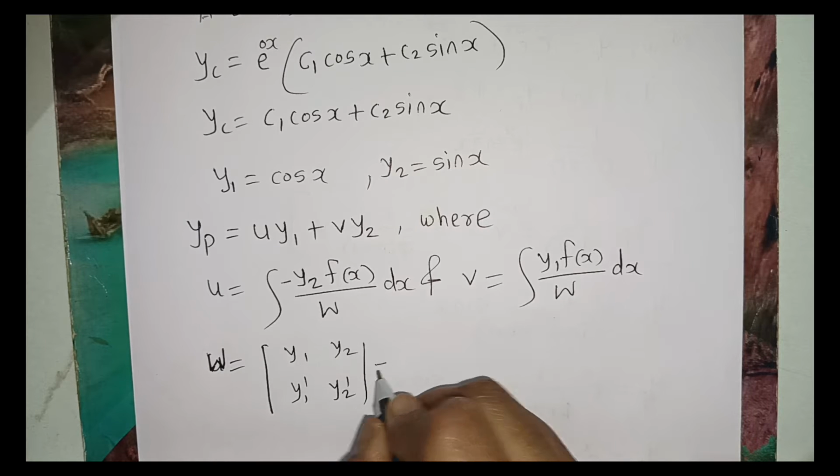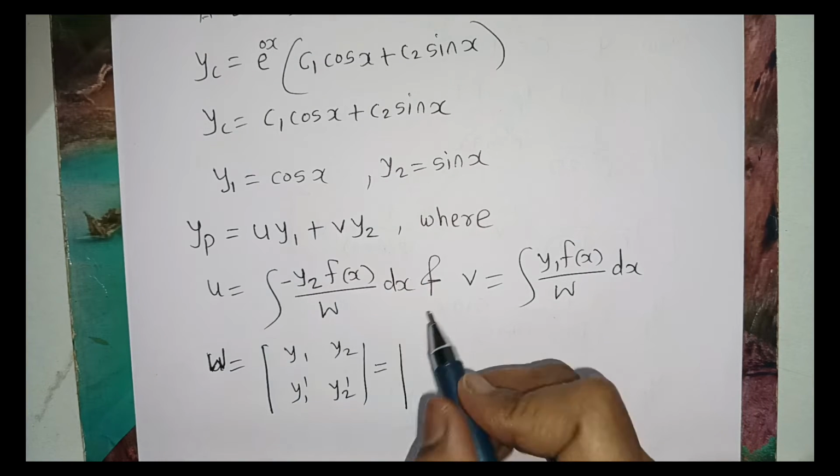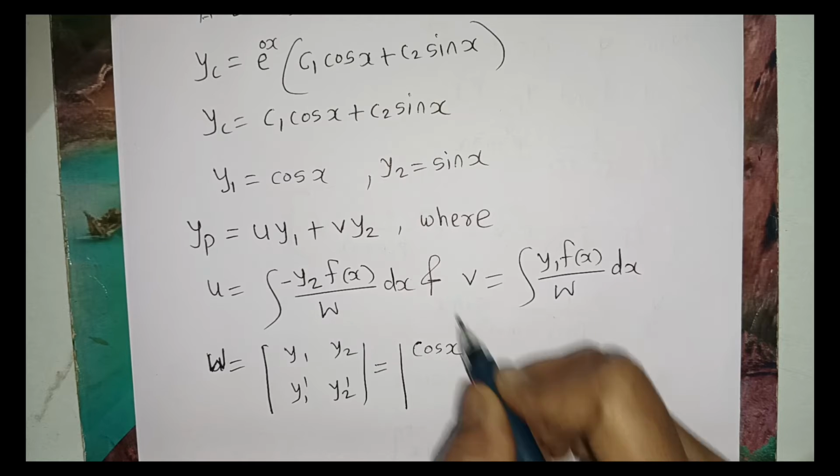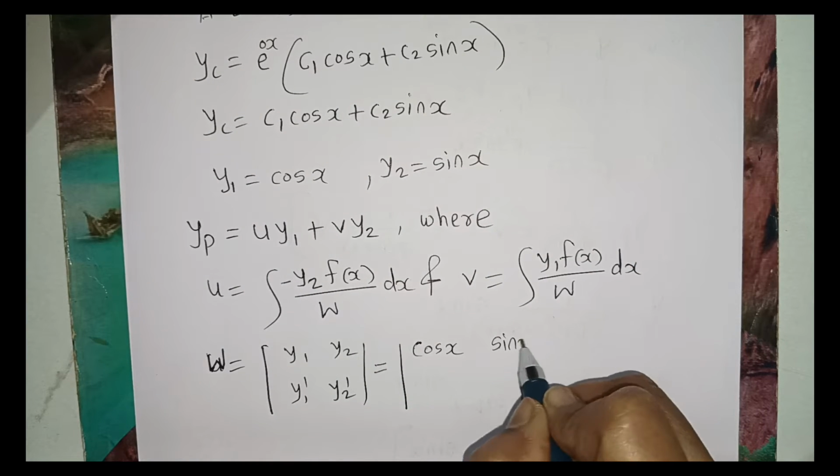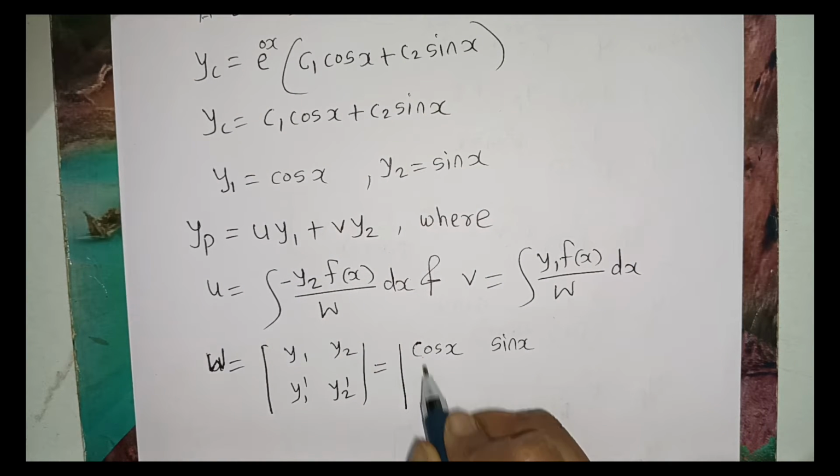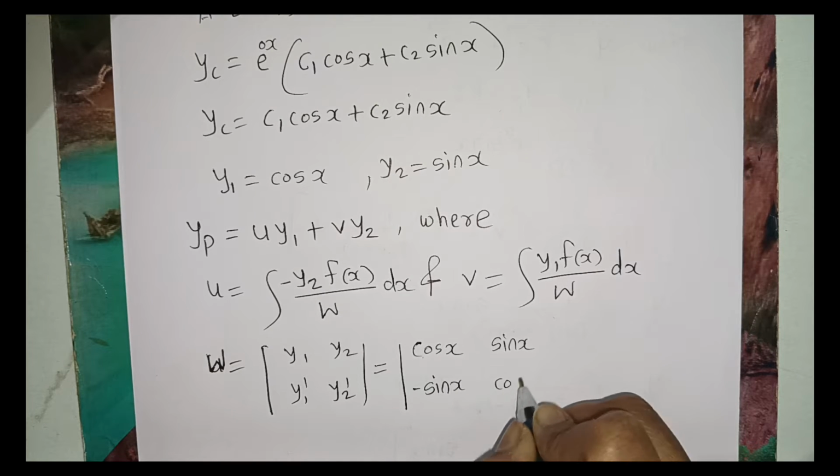Okay, so y1 is equal to cos x, y2 is equal to sin x. The derivative of cos x, y1 dash, is minus sin x, and the derivative of sin x is cos x.